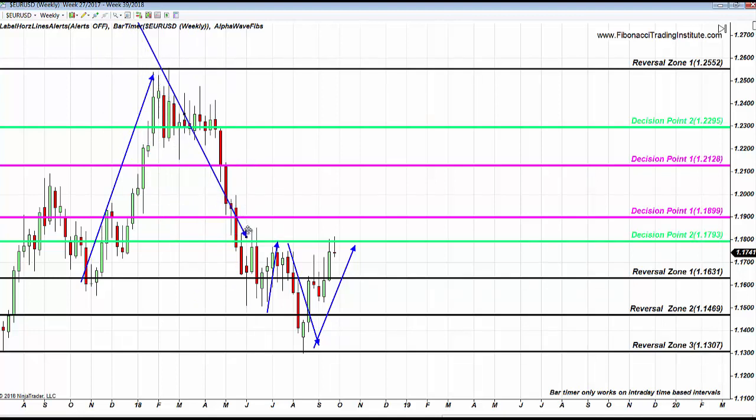Euro been frozen at decision point 2 for months and months and months. How long will this remain? None of us know. But this is not the place to enter the position. Trade from Fibonacci levels, not into Fibonacci levels.